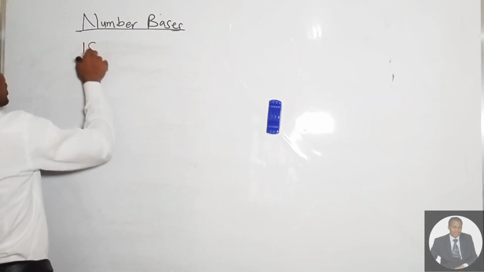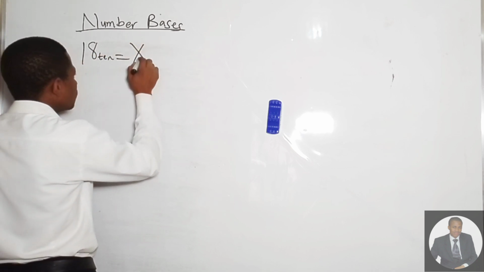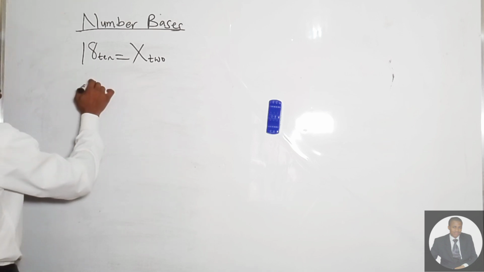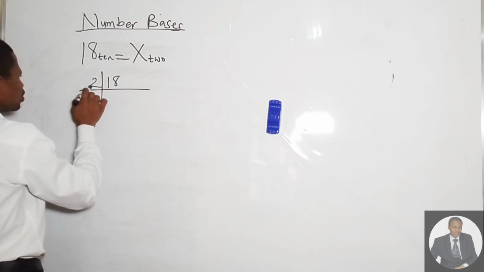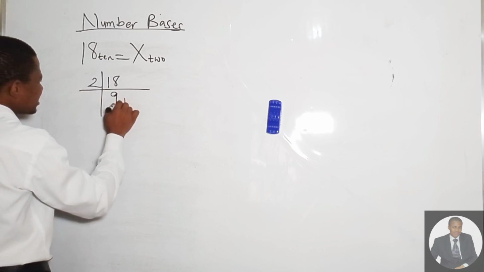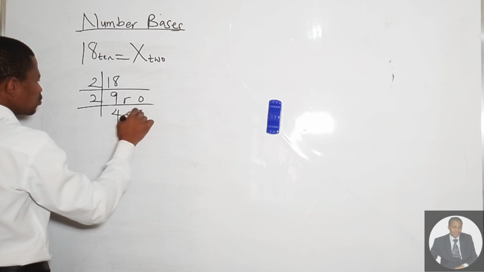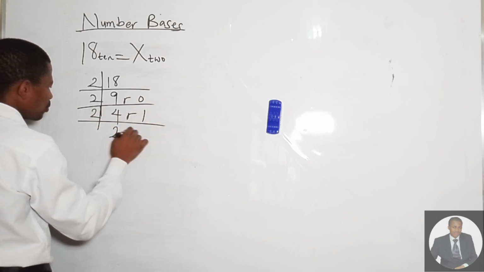18 base 10 equals x base 2. So what we are going to do here is to divide 18 by 2. How many 2 is in 18? 9. 2 times 9 is 18, remains 0. How many 2 is in 9? 4. That's 8, remain 1. How many 2 is in 4? 2, remains 0.